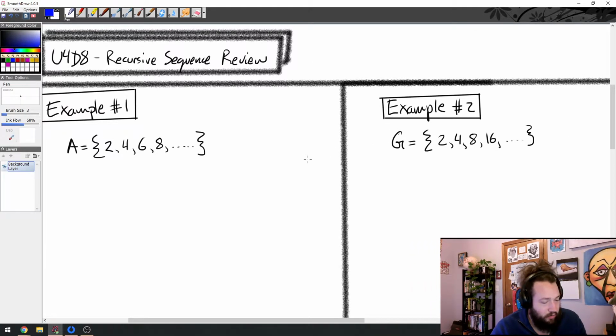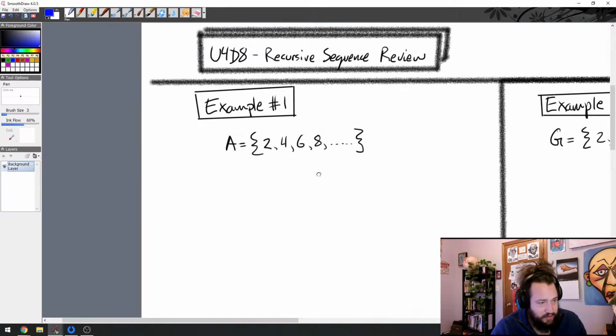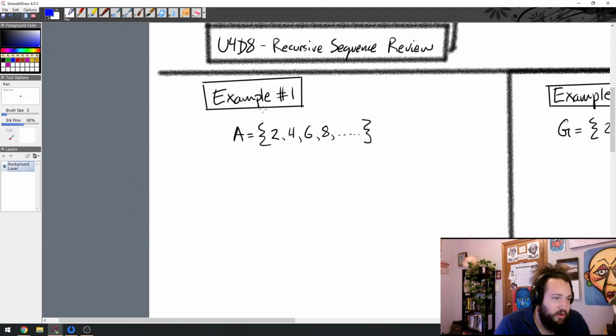Now remember, for our labeling of sequences, every term is called A, and they get subscripts. So this would be A1, then A2, then A3, A4, etc. This sequence goes on forever or until the nth term, so that would be AN.